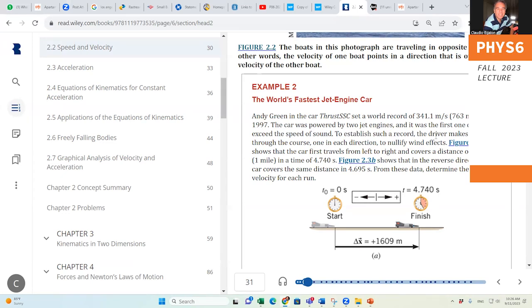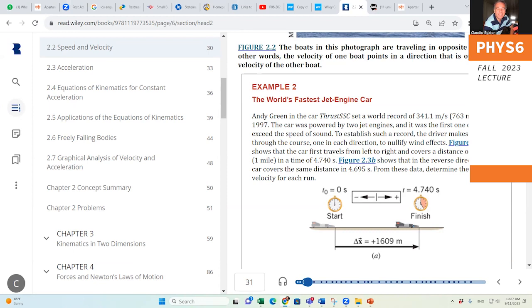To establish such a record, the driver makes two runs through the course. This guy went to the desert to do this. It was right here in the California desert. To establish such a record, the driver makes two runs through the course, one in each direction to nullify wind effects.